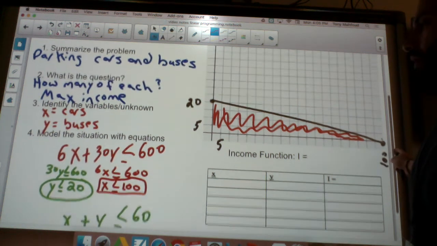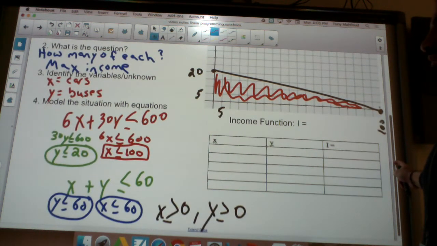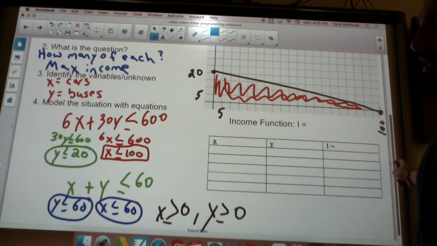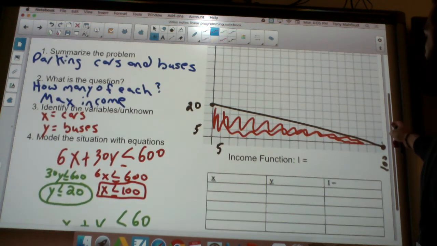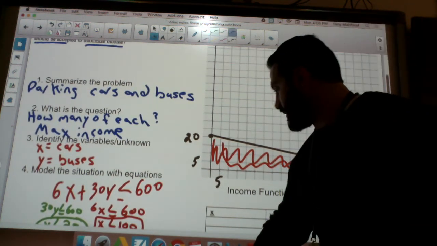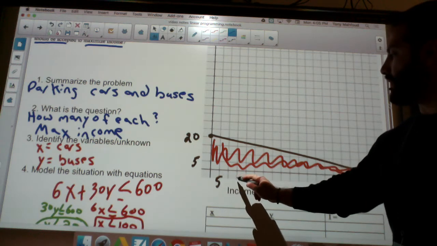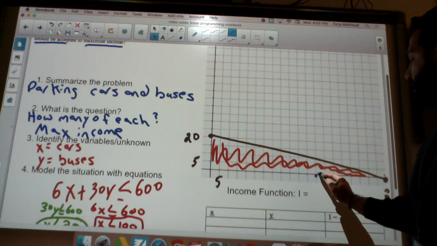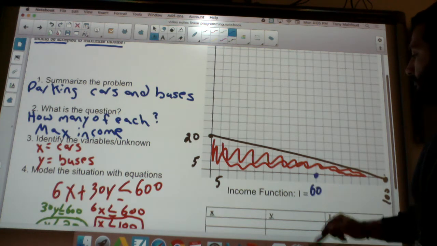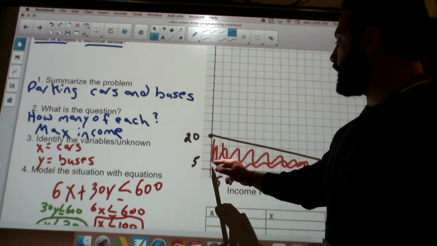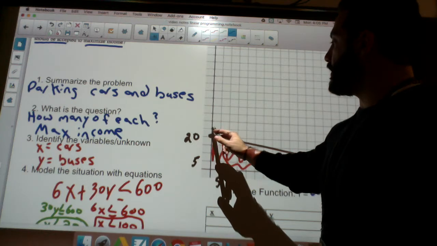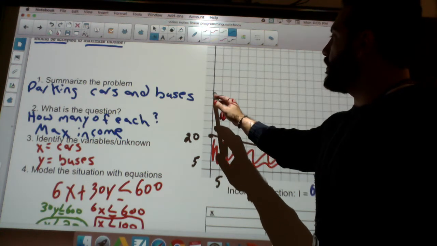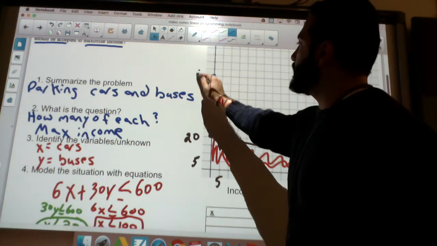Next, we're going to grab our x is less than or equal to 60, so x equals 60, and y is less than or equal to 60. So x equals 60 is going to be 5, 10, 15, 20, 25, 30, 35, 40, 45, 50, 55, 60. And y is equal to 60, so we're going to go 5, 10, 15, 20, 25, 30, 35, 40, 45, 50, 55, and 60.